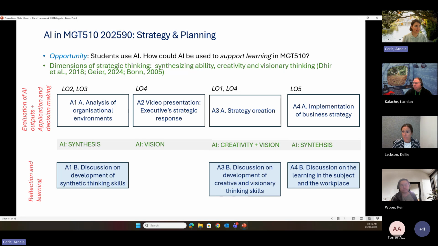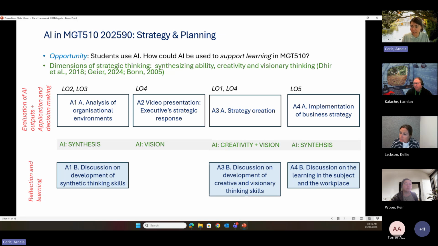So I thought that students using AI was an opportunity for me to finally do things differently in this subject that I was thinking about for a few years back. So seeing it as an opportunity, I thought the focus is not on AI, but how AI can support students' learning.